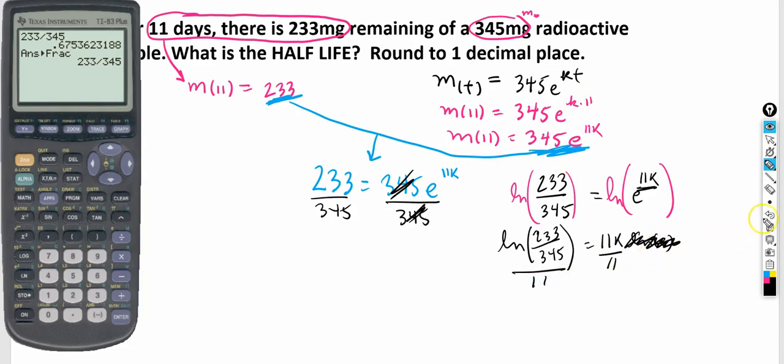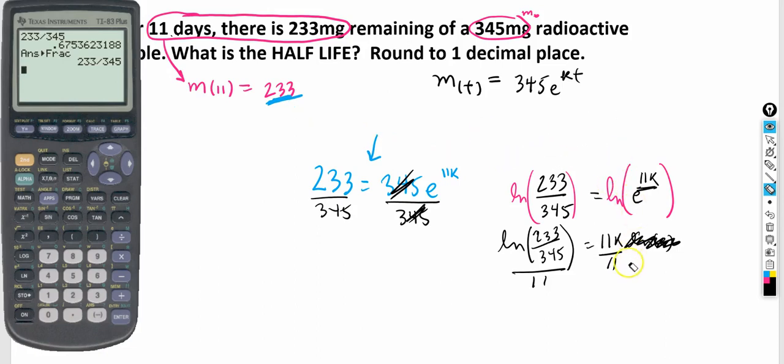Okay, so I'll make some space. So I'm going to have, and I'll write it up here, k after I cancel is going to be equal to exactly ln of 233 divided by 345, and then all of that divided by 11.